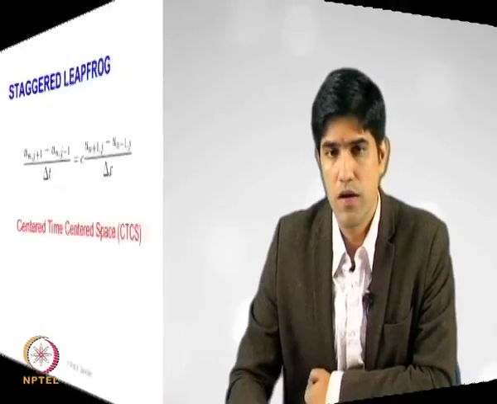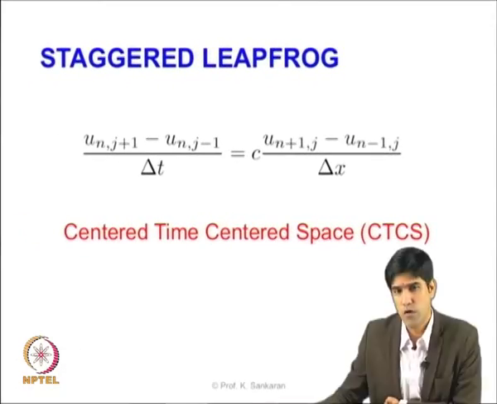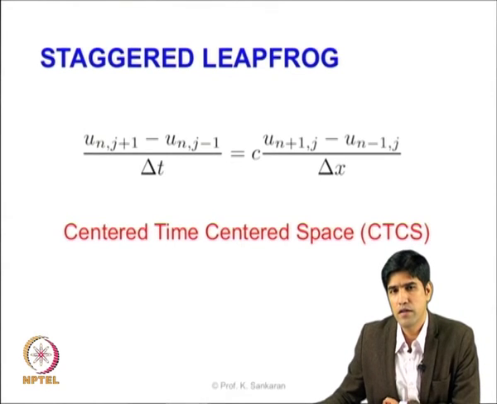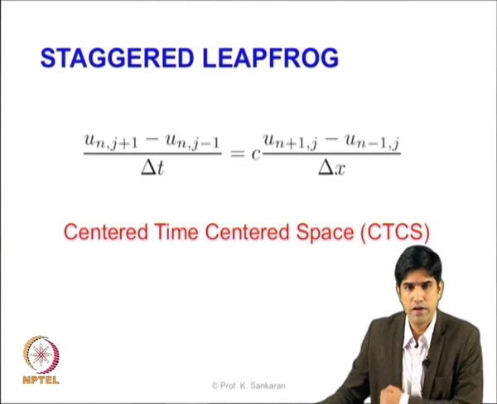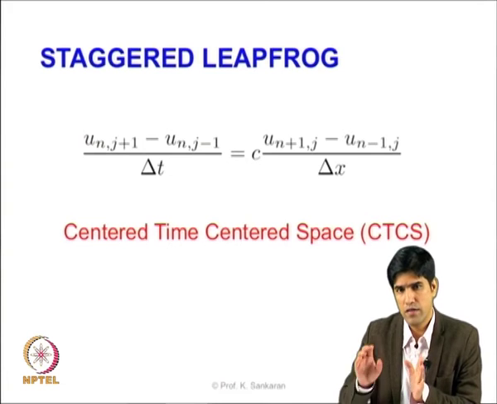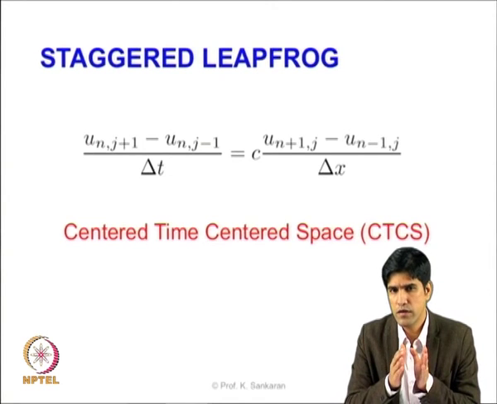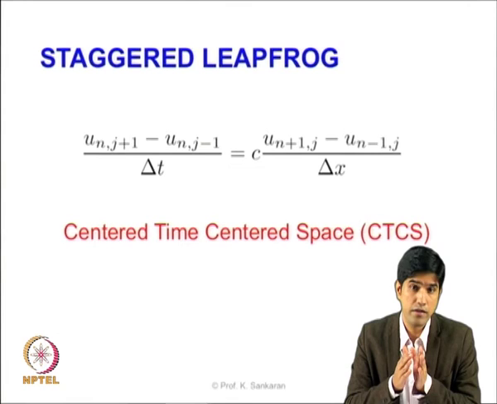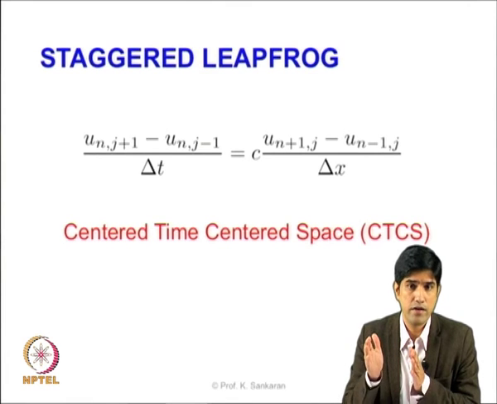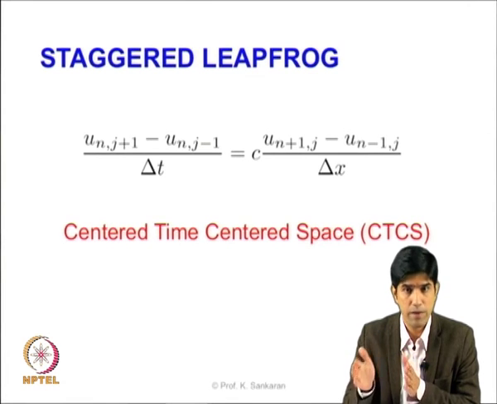And now I would like to leave this particular module with a question in mind, and that is also something I wanted you to try out: the staggered leapfrog technique. Remember, in the standard advection equation we did forward in time centered in space. So we did simple forward differencing in the time variable, and centered differencing in the spatial variable.